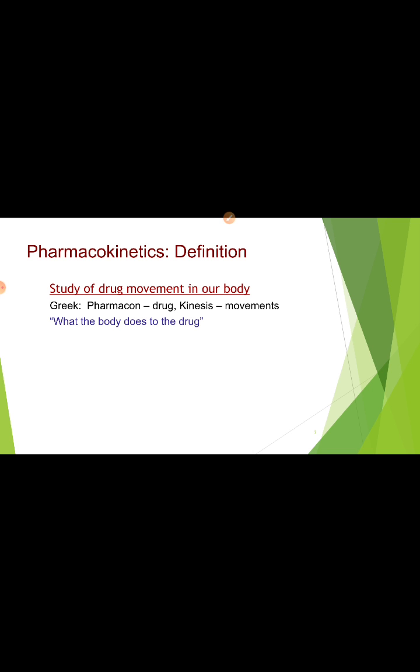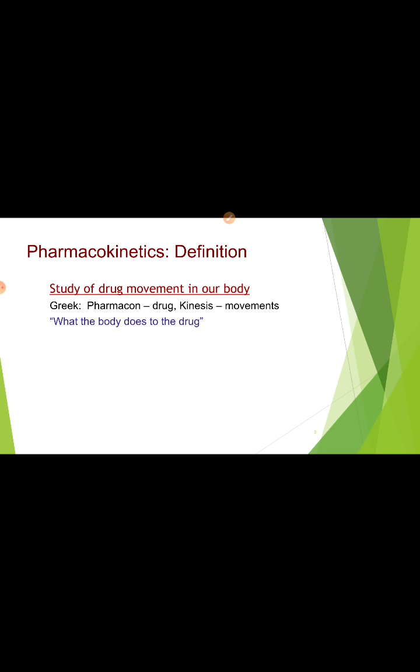Actually, in general pharmacology, you will be dealing with two types, that is pharmacokinetics and pharmacodynamics. So today we'll be dealing with one part of pharmacokinetics, that is absorption. So you need to understand what is pharmacokinetics.